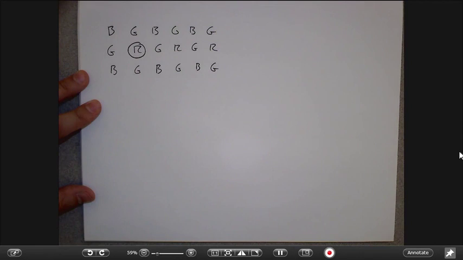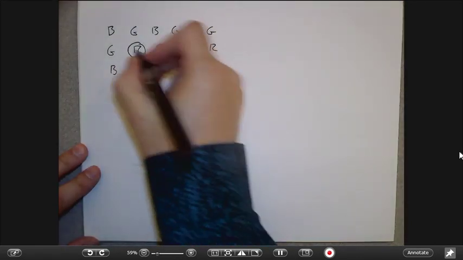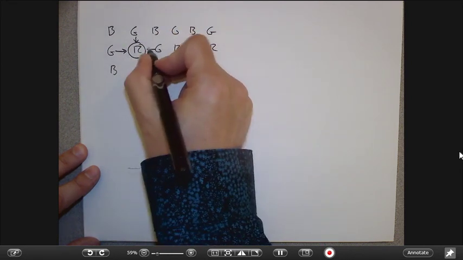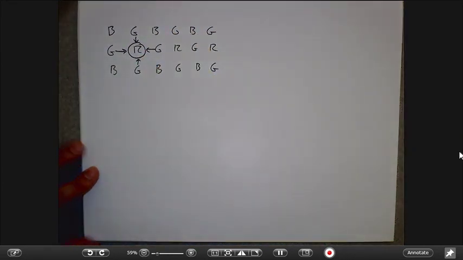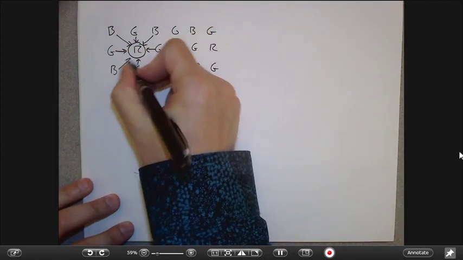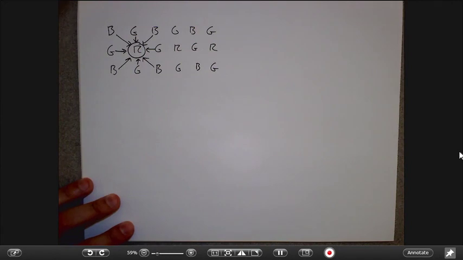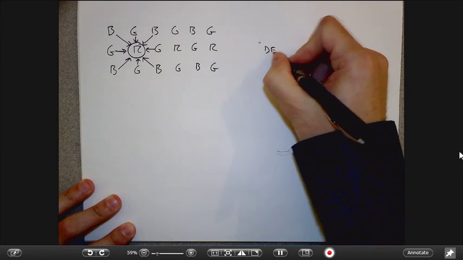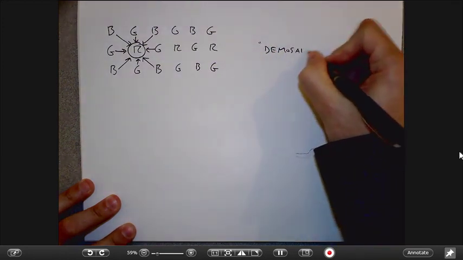Right, so if I want to know, for example, here I know the R exactly because the sensor captured that. If I want to infer the green, maybe what I would do would be to average these 4 green pixels together to get the green at that point. And then to get the blue, maybe I would average these 4 diagonal blue channels, right? And so basically, this process is called demosaicing.